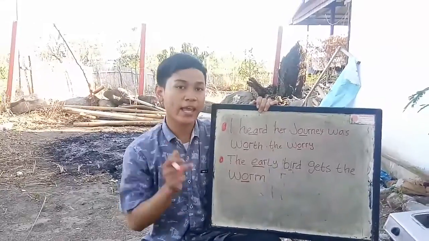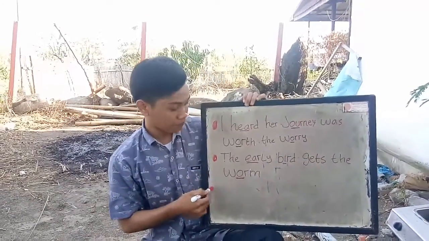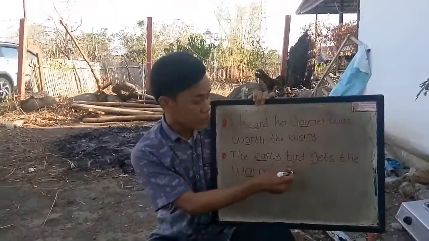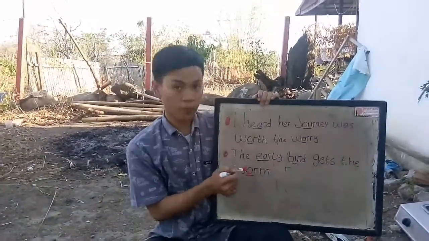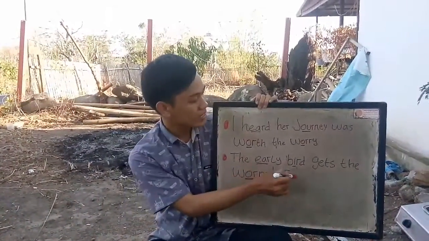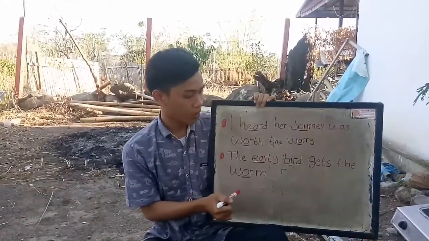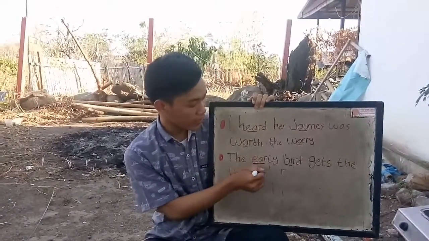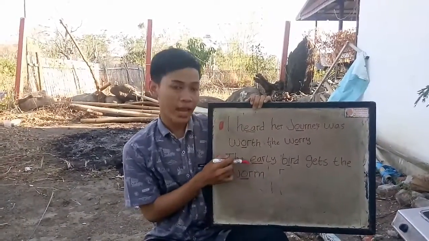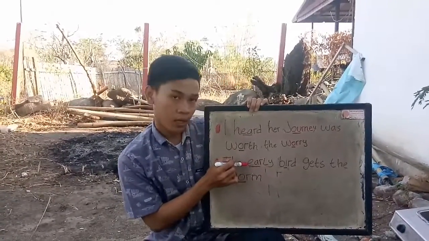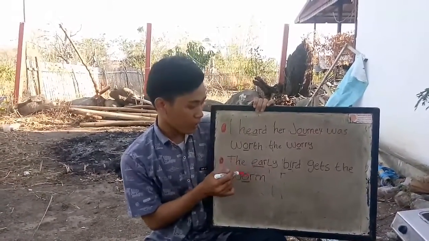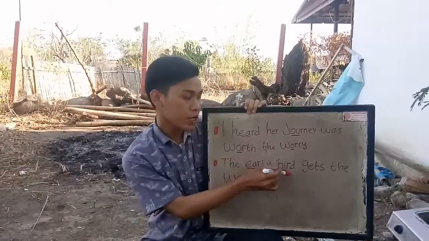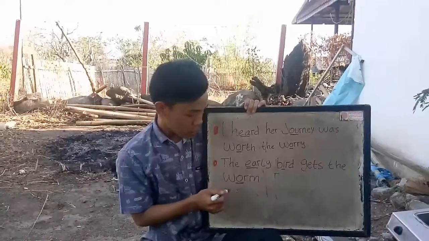The second example is: the early bird gets the worm. You see the underline again, the sign that this is the sound E. Early, bird, worm.